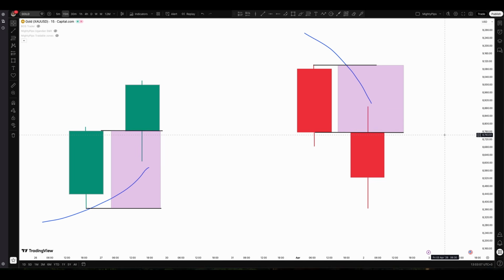Now, this strategy has helped so many traders here pass their prop firm challenges, and some of them have even got payouts. There's a trader who got a payout of $12,000. He asked me not to put his information online here, but he told me I can talk about it.